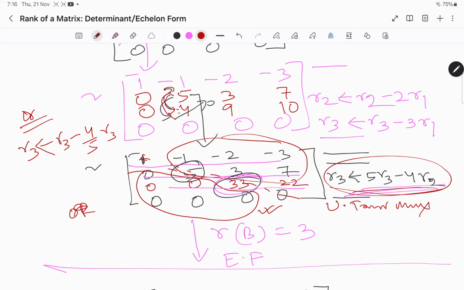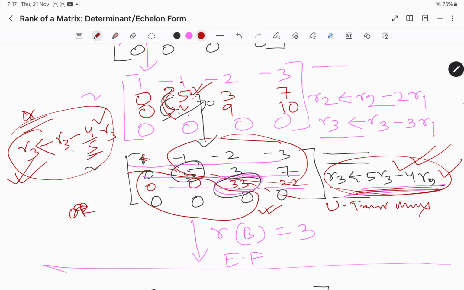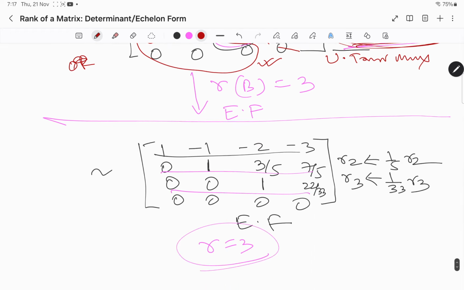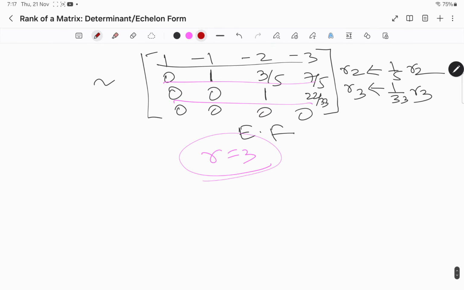If we don't want to do it like this, to make it 1, I first divide by 5, then multiply by 4. This operation can be done instead of this. But what difficulty will arise then? Fractions will come out, and calculation with fractions is again lengthy. So to avoid fractions, we may proceed like this. This is the rank of the matrix by echelon form.